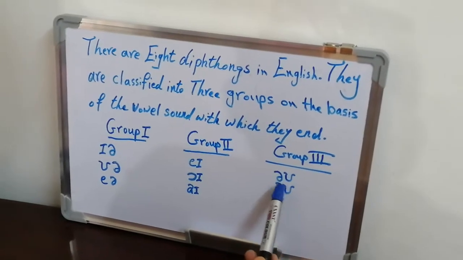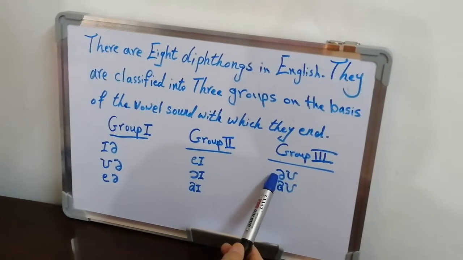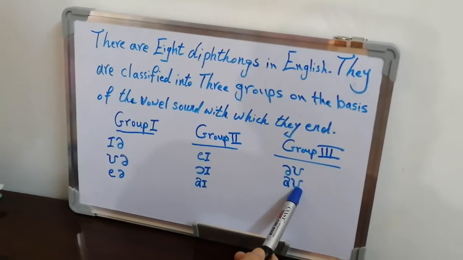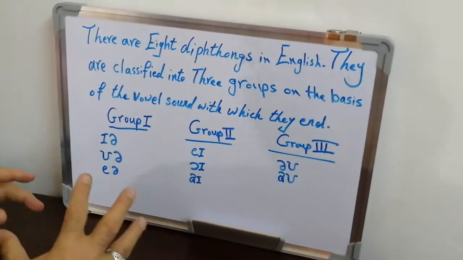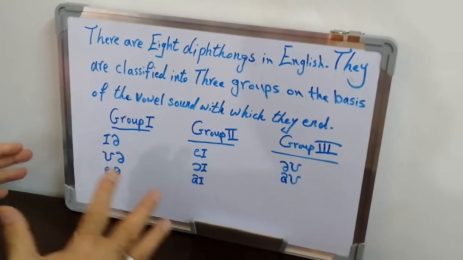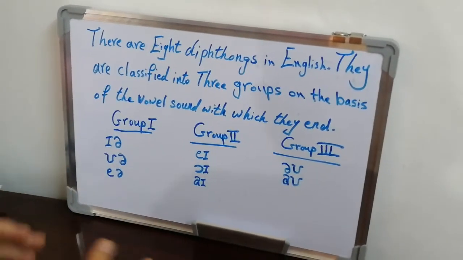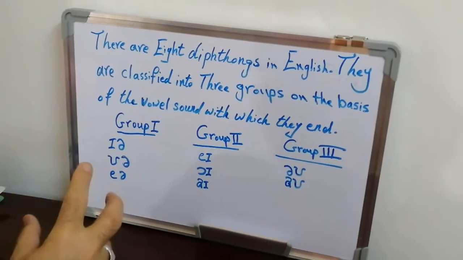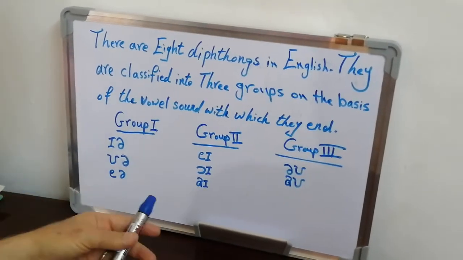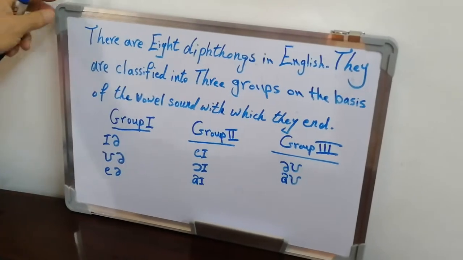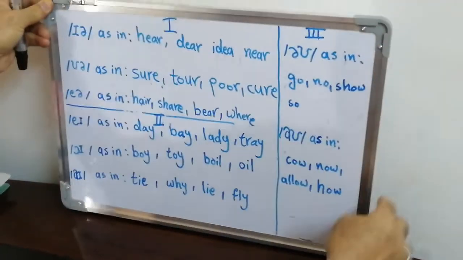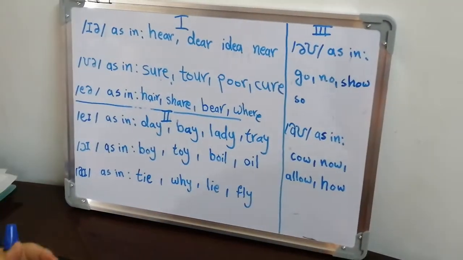They end in ʊ: əʊ, aʊ. Right. After I have given you these 3 groups of diphthongs, classified depending on the vowel sound with which they end, now let's go to examples. I have given you examples on each one.